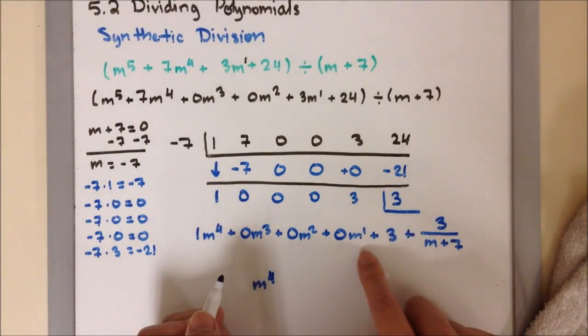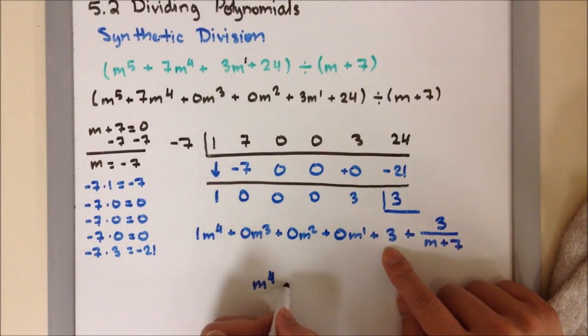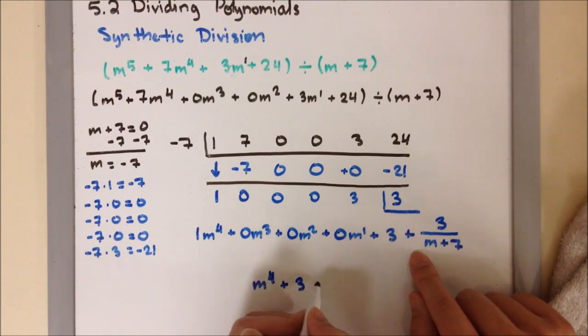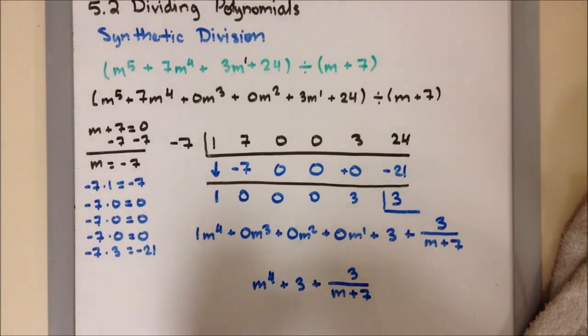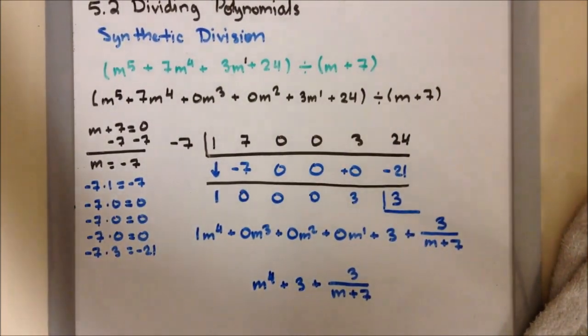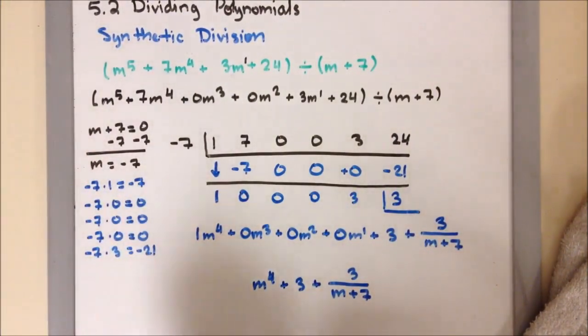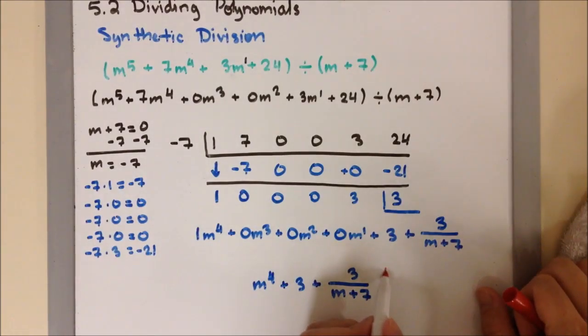And then since these are zeros, I don't have to write them. I'm going to put plus 3 and then plus the fraction. And then that's it. So again, it doesn't matter to me if you write it with the zeros or without. Just be very careful when you're making your answer from synthetic division.